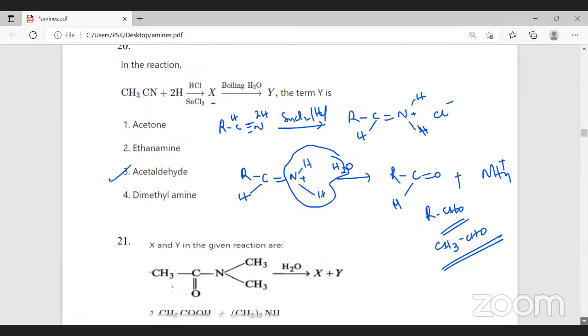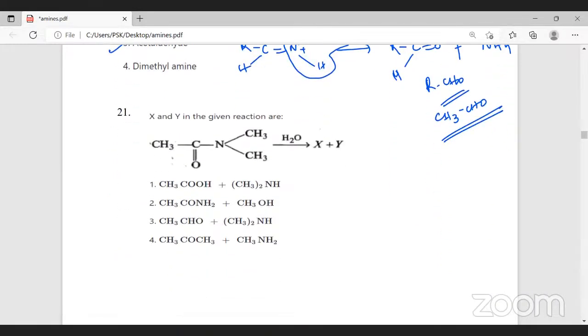The next question: X and Y in the given reaction are what? So this is a tertiary amine. This tertiary amine, when we hydrolyze, what are X and Y? When you heat it in the presence of water, this bond between carbon and nitrogen breaks. Now, we can write water as H and OH.